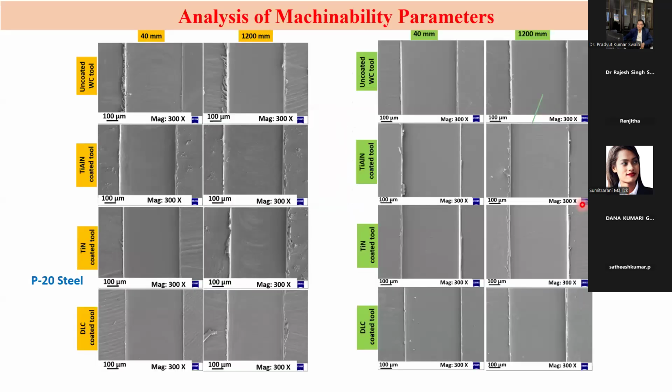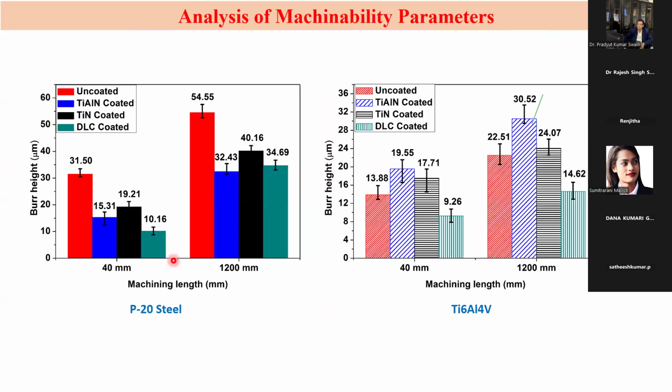And these are the SEM images of the micro milling slots obtained for both the P20 steel and the Ti6Al4V, and we used similar tools: the uncoated tool, and the TiAlN, TiN, and DLC coated tools. Here we can see similar results: for machining of P20 steel, all coated tools exhibited better performance, and the best performance was exhibited by the DLC.